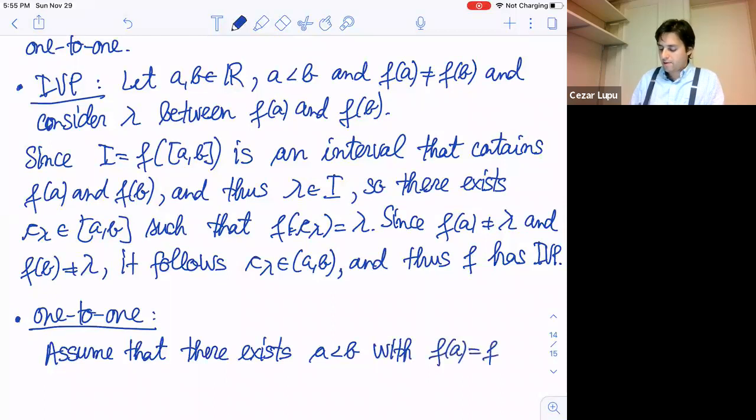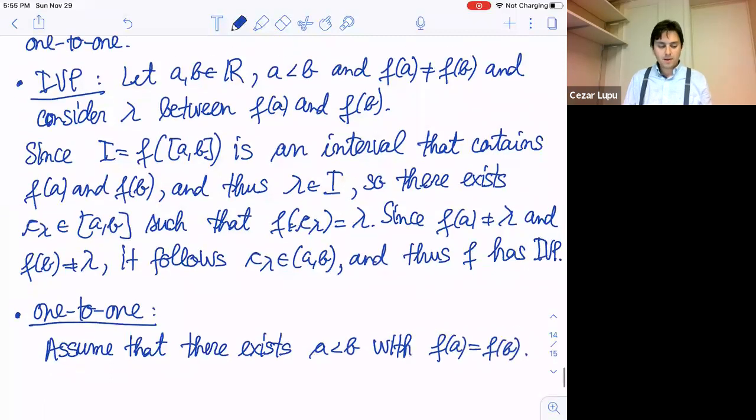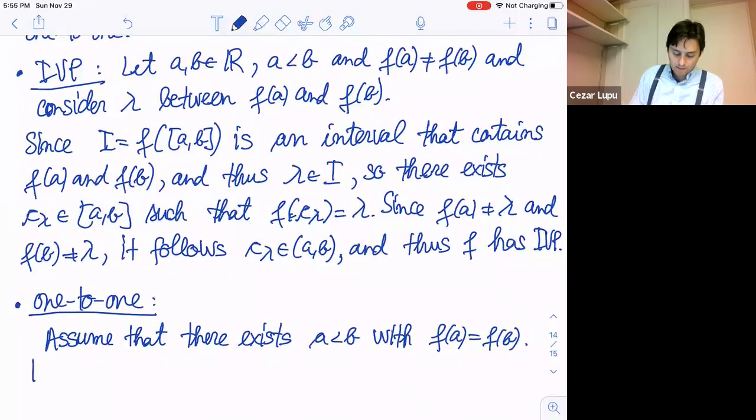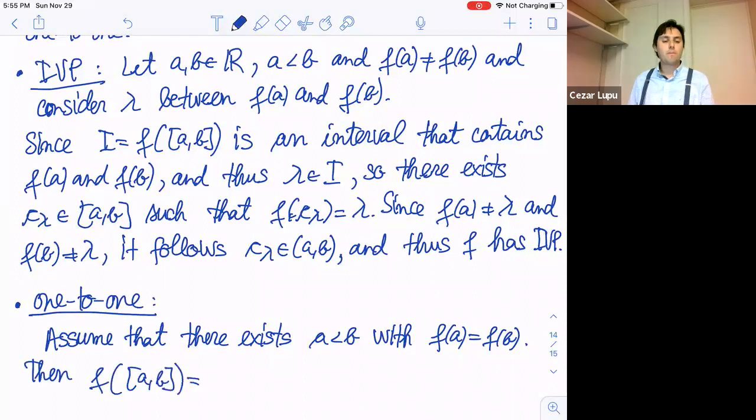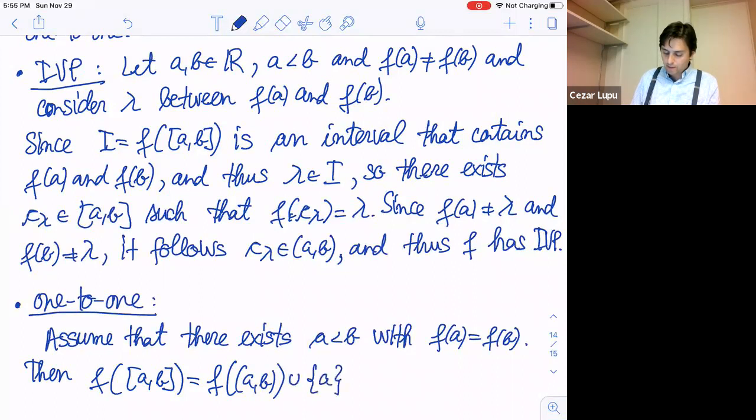And now we'll get the contradiction immediately. We know that f of the closed interval [a, b] is a closed and bounded interval, but this can be written also as f of the open interval (a, b) united with the elements f of a and f of b.